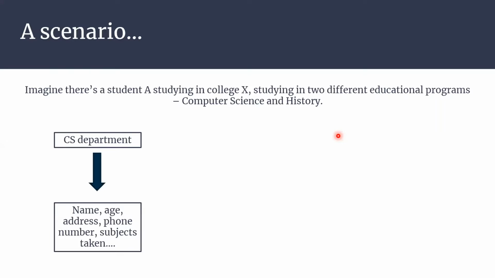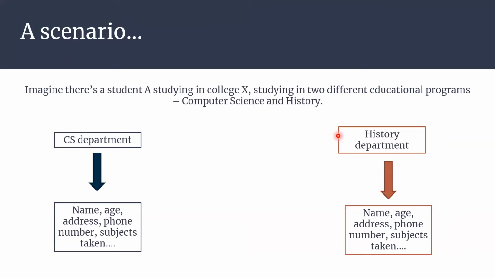He gives them his name, his age, his address, his phone number, and the subjects that he's taking. Similarly, he goes to the history department and gives them his details again. He registers at the history department. He gives them his name, his age, address, phone number, and the subjects he's taking.